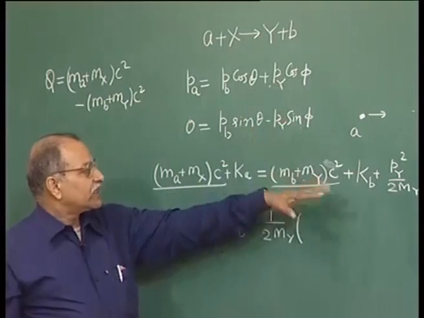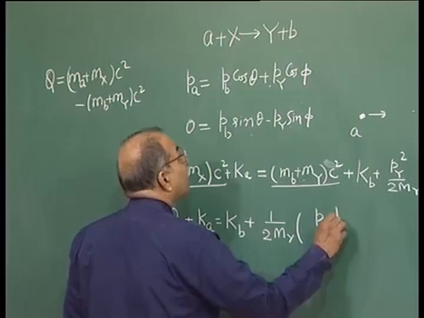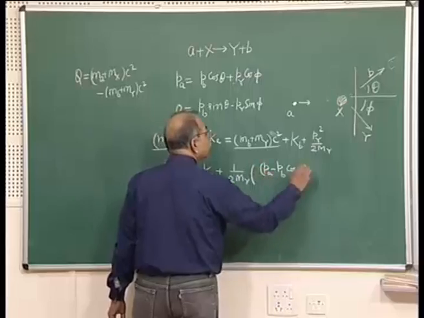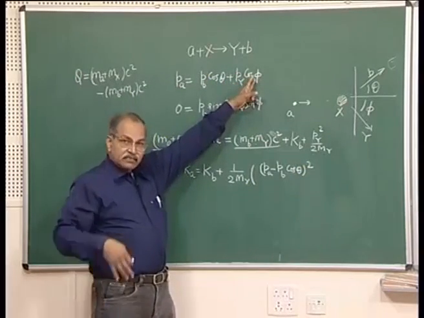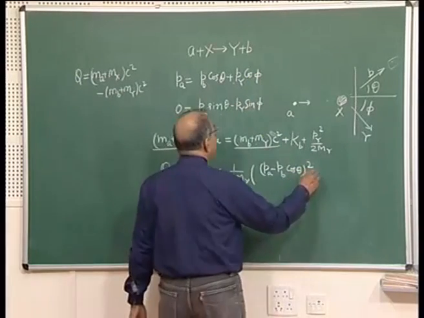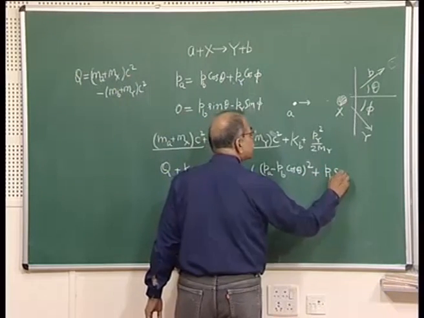Now, Py square you can write from here, Py cos phi square plus Py sin phi square. So, from there you can write that Py square is (Pa minus Pb cos theta) square, that is Py cos phi square, plus Py sin phi square, which is Pb sin theta square.